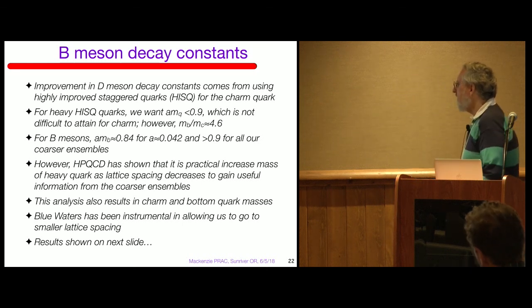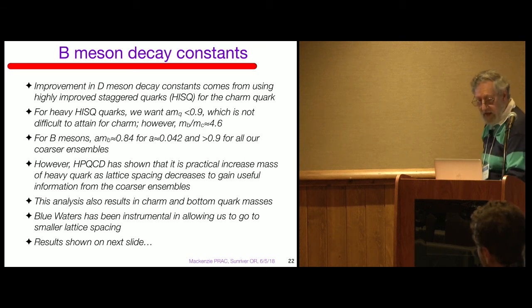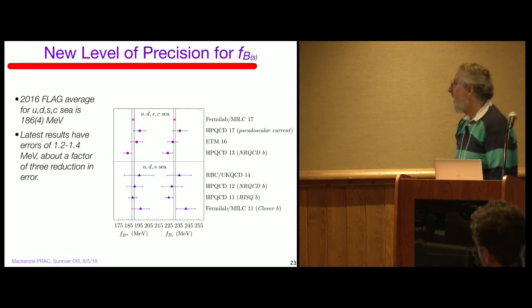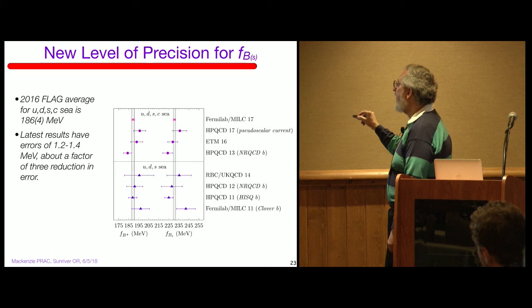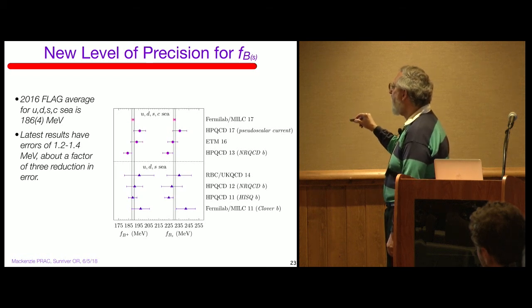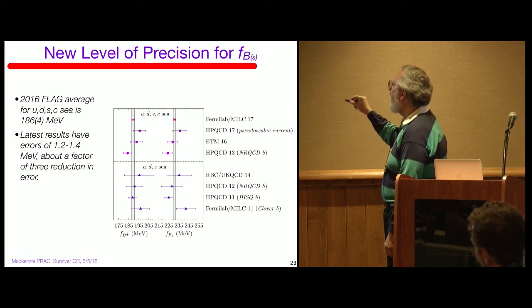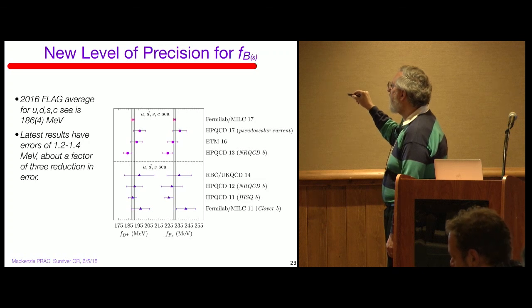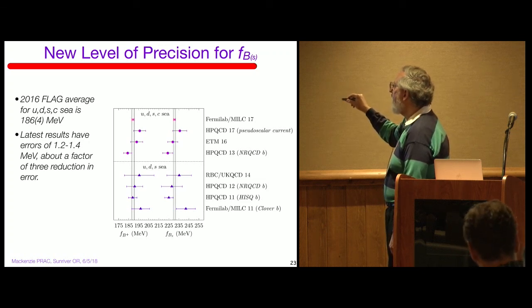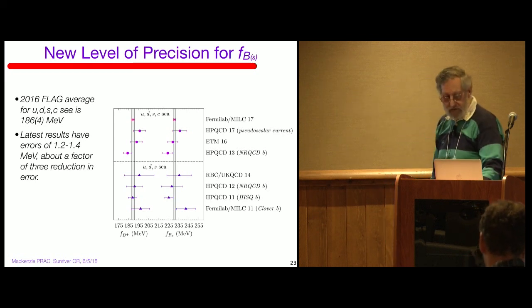So Blue Waters has been very important for making the lattice spacing small enough. And here's a similar graph to what you've seen before for the decay constants from the same paper. And you can see the errors have been reduced to 1.2 to 1.4 MeV. It's about a factor of 3 reduction.